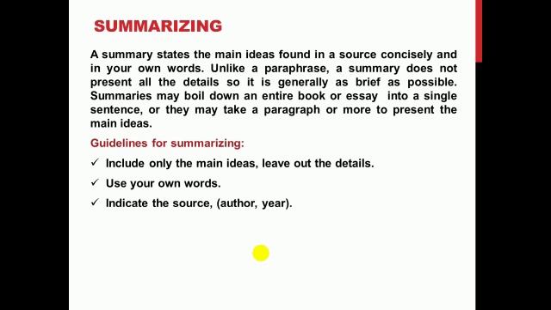In APA style, if you are following APA style in documenting sources, just in a quotation they need the page number. In paraphrasing and summarizing, the author and the year of publication is going to be enough.